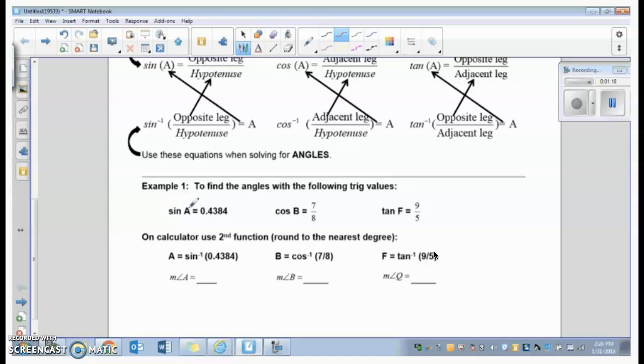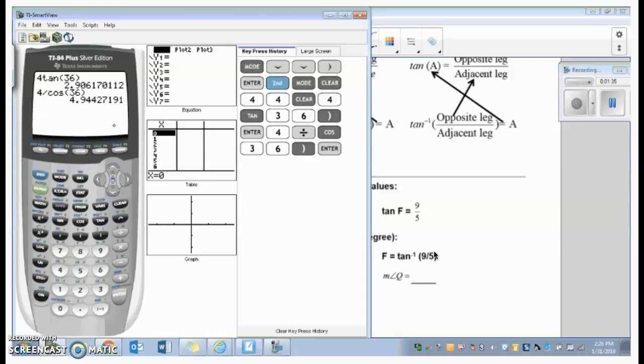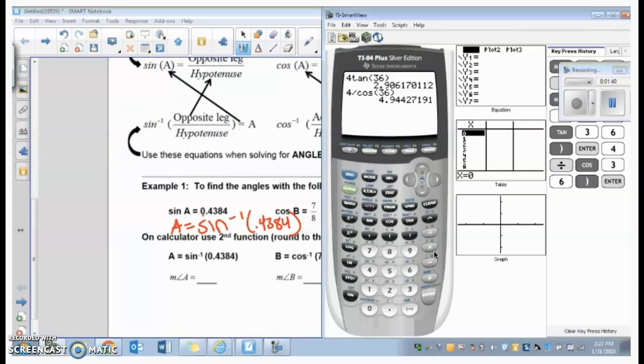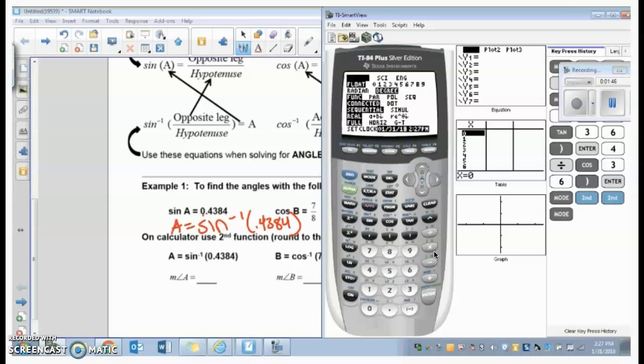So if I say the sine of A equals 0.4384, then A is equal to the inverse sine of that decimal, 0.4384. Let's pull up our calculator and see if we can find where that is. First, we've got to make sure we're in degrees, which we are.